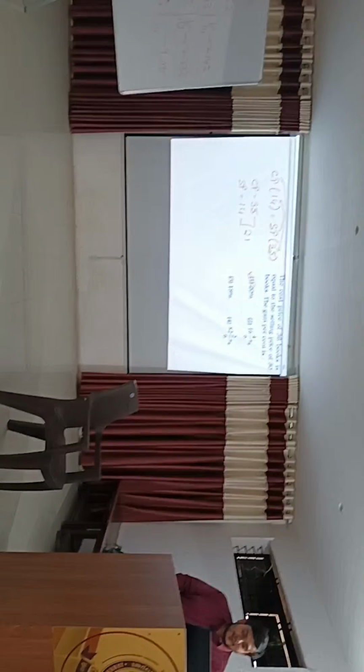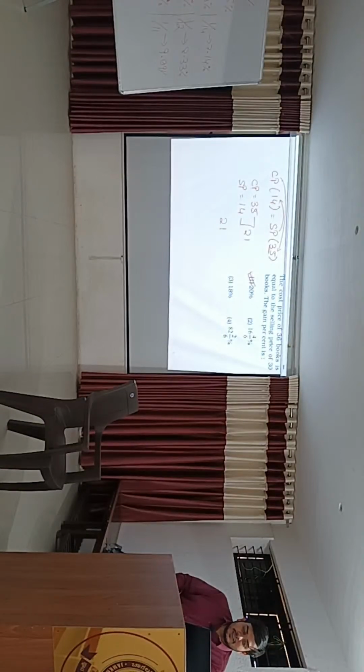The loss percentage is 21 divided by 35 into 100. Ignore the 100. 7 3s are 21, 7 5s are 35, so 3 by 5. 1 by 5 is 20, so 3 by 5 is 60. What is the loss percentage? 60% loss.